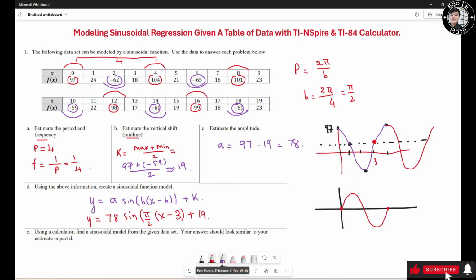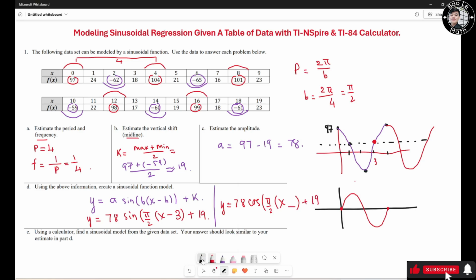Now, if you want to write this in terms of a cosine function, how does it look? The cosine function looks like this: y equals 78 cosine of pi over 2 x, you leave the blank right here, close parenthesis, plus 19.